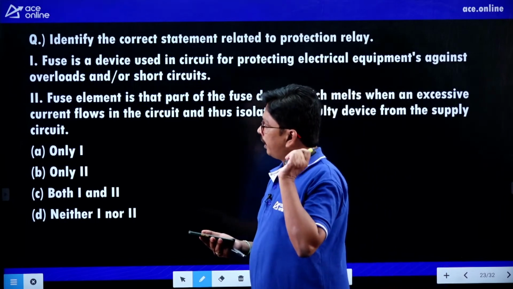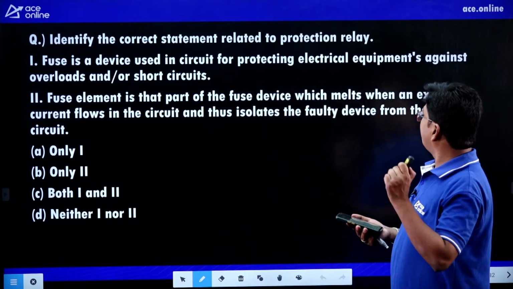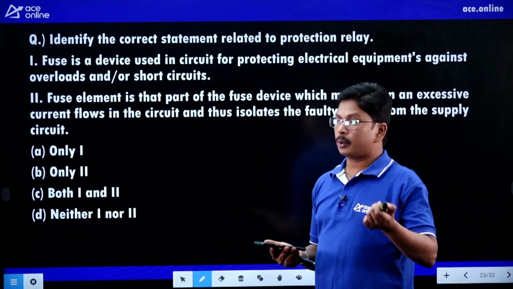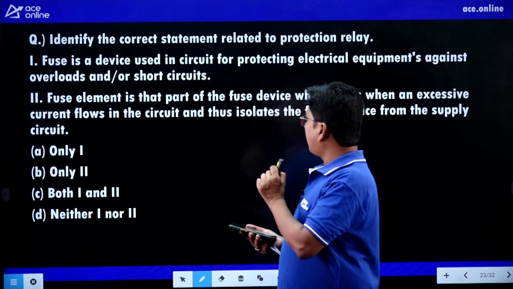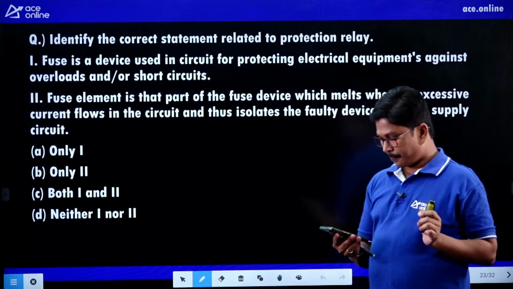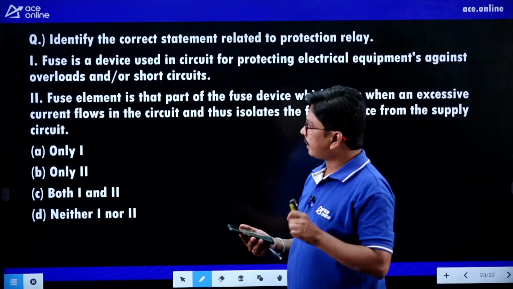And a fuse element is that part of the fuse device which melts when excessive current flows through it in the circuit, and thus isolates the faulty device from the supply circuit. Is the second statement also correct?